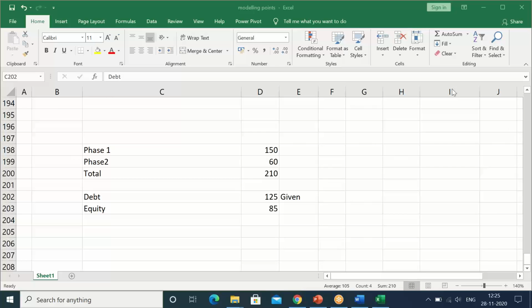Again, I would repeat myself: in this entire modeling and analysis, it's very important that you know the logic, computation, and methodology of each and every value that comes on the screen. So please do not hesitate for a second to ask anything for which I have not explained the logic or computation.